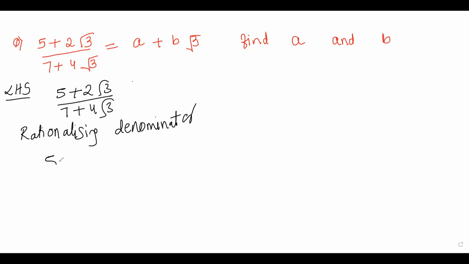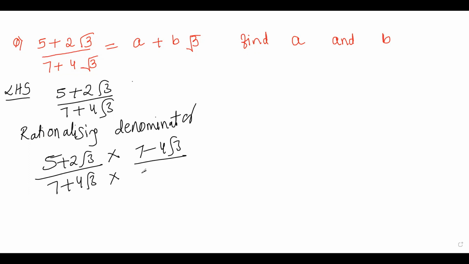So 5 plus 2 root 3 by 7 plus 4 root 3, multiply and divide with 7 minus 4 root 3. You have to take opposite sign. In the denominator you are having plus, so you have to multiply and divide with 7 minus 4 root 3.